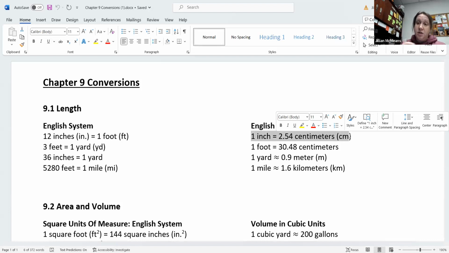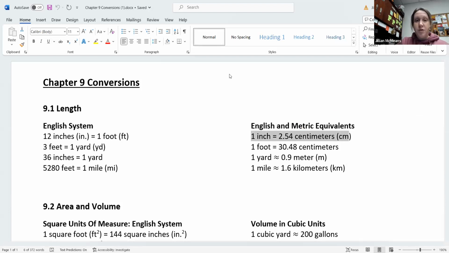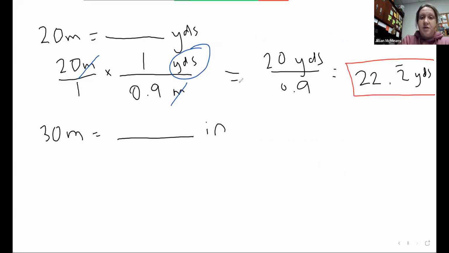Once we get our meters converted to centimeters, we'll then convert to inches. So let's do the first part where we convert meters to centimeters. So remember, it's kilo, hecto, deca, a single meter, decimeter, centimeter, millimeter. All right. We are here, but we want to be here.